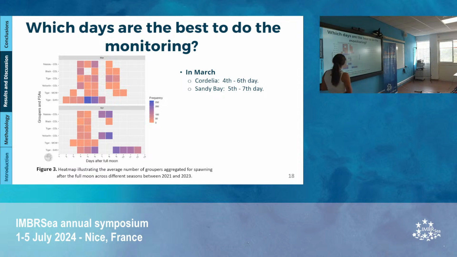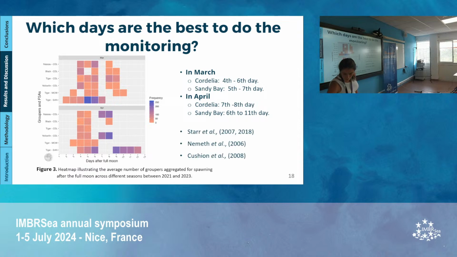And in April, for Cordelia, we observed the best days are on the 7th and on the 8th days, and also the Nassau and the yellowfin groupers have the same pattern. And in Sandy Bay, we observed that the best days to go are between the 6th and the 11th day. And this also aligns with these studies that also have a similar range of days for the spawning aggregations, and also to go and do these studies.